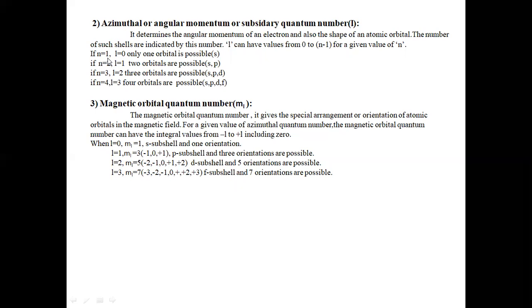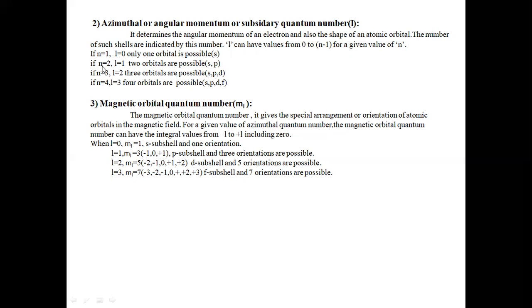If n is equal to 1, then l will be equal to 0 and only one orbital is possible, that is the s orbital.